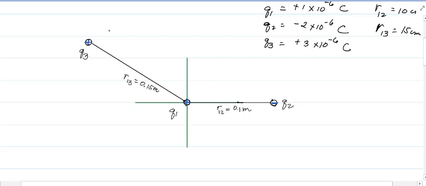Okay, and the distance between charge 1 and charge 2, this one, is equal to R12 with magnitude 10 centimeters or just equal to 0.1 meter. And the distance between charge 1 and charge 3 is R13, which is equal to 15 centimeters.